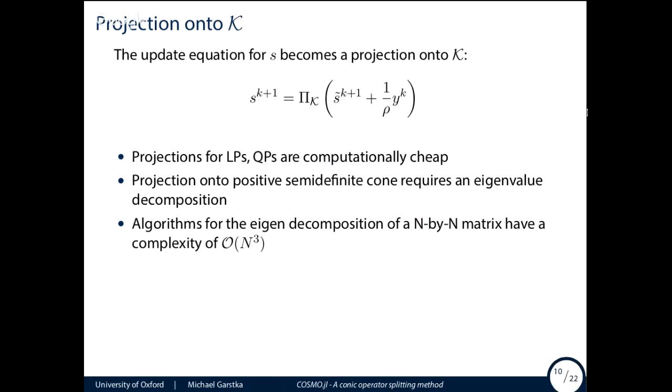It's more difficult if you want to project onto the positive semidefinite cone, since you always have to compute eigenvalues and eigenvectors. And that doesn't scale very well if your problem size increases. So the operation to find the eigenvalues and eigenvectors is of complexity n cubed. So if you think about it, if you increase your matrix size that you want to project on, that operation gets a lot more expensive.